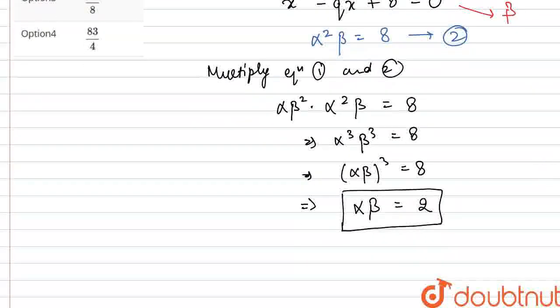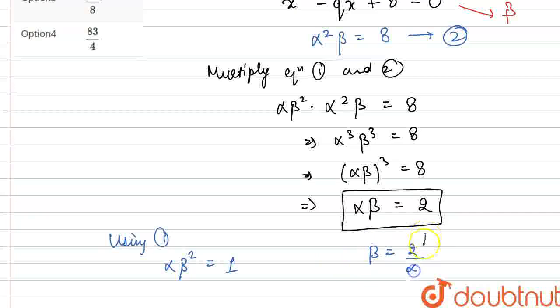Now using the first equation, alpha beta square equals 1. So we'll have beta equals 2 by alpha from here.